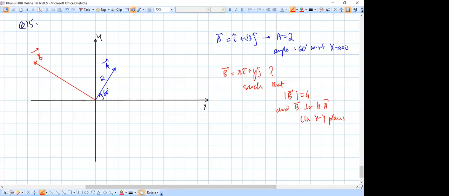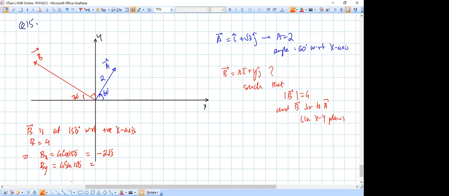This angle is 90, so that means this angle is 30, or vector B is at 150 degrees with respect to positive x-axis. Okay, and magnitude of vector B is 4, so that means B's x component will become 4 cos 150, so that will become minus 2 root 3, and B's y component will be 4 sin 150, so that is plus 2.